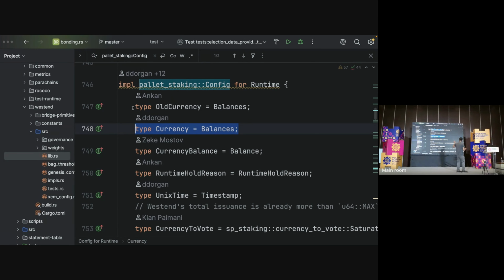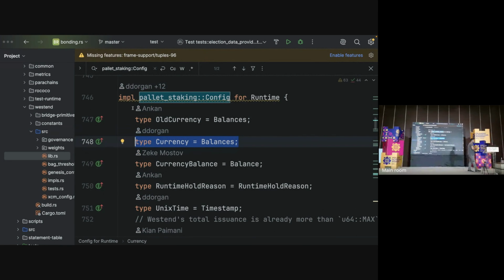So you're just providing a pallet that implements that fungible hold mutate that you saw, right? So your pallet, if you're working with it, will not need to directly depend on pallet balances. You will use one or multiple of these traits and use the APIs provided by those traits to do your stuff.